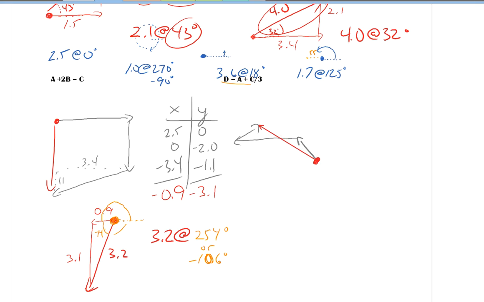All right, well, let's break apart the vectors one at a time into their components. So x, y. All right, so the first one is the d vector, which I don't think I've used yet. So I'm going to have to break that one apart. And I need to know how far sideways it goes and how far up it goes. I'm going to break that guy, the 1.7 at 125.